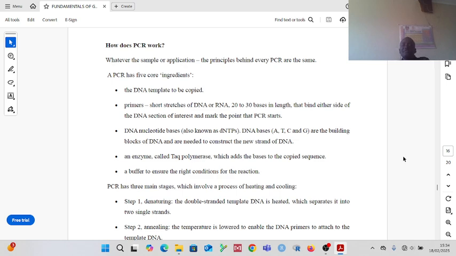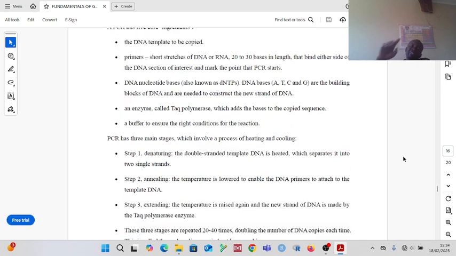These stages just involve heating and cooling. So one is denaturing. The second one is annealing. Then the third one, you can either call it elongation or extension.